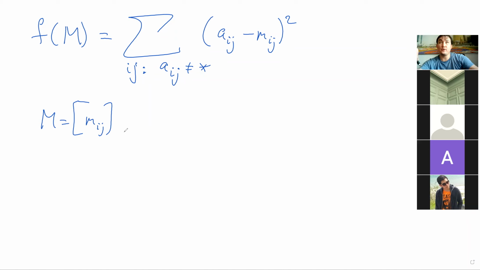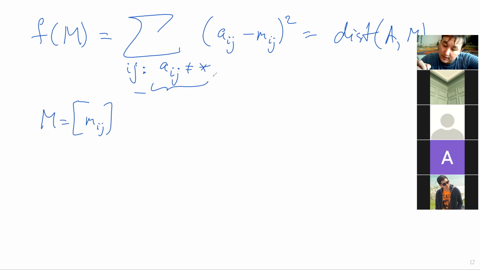So this is also some kind of distance between A and M, but a very strange one. It is very similar to the Frobenius distance, but the difference is that in the Frobenius distance we sum over all possible indices ij, while here we sum over only those ij that are given, for which the entry of the matrix A is defined. And then our goal is to minimize this expression.